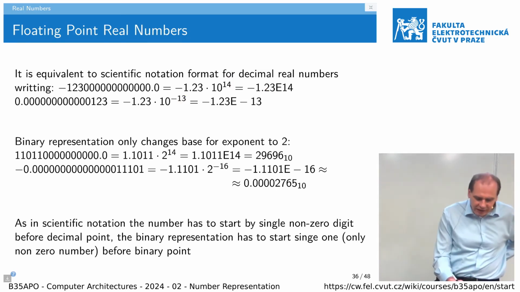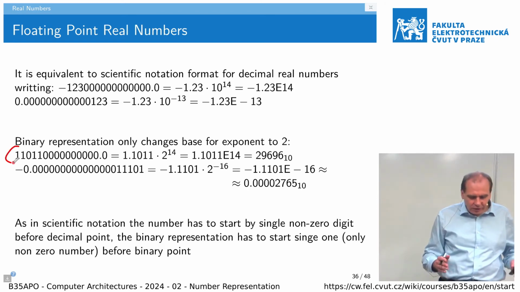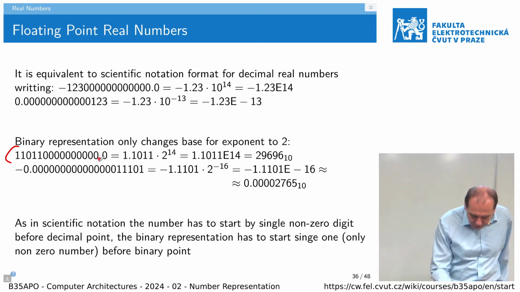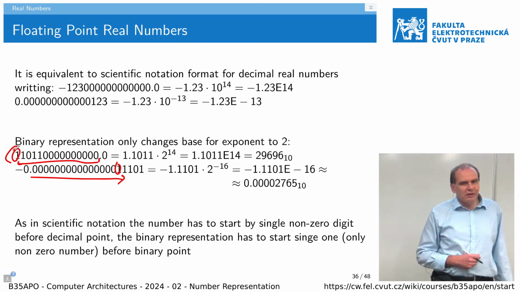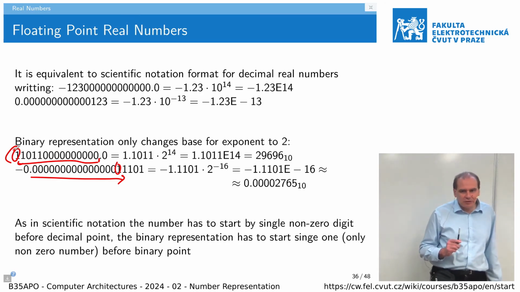So if we write a binary number and it is too long to represent and so on, we can shift a binary point to the left or to the right, such a way that exactly one digit is before the binary point. But for the binary point, there is one interesting feature. Which value can be before the binary point if it should not be a 0?